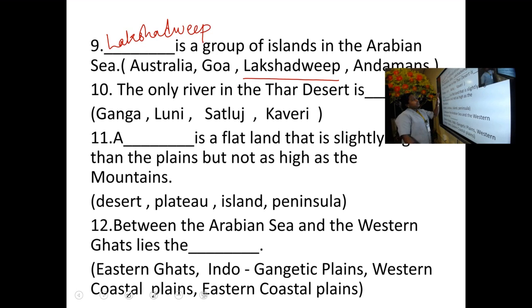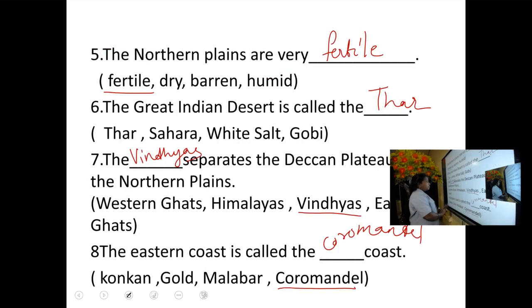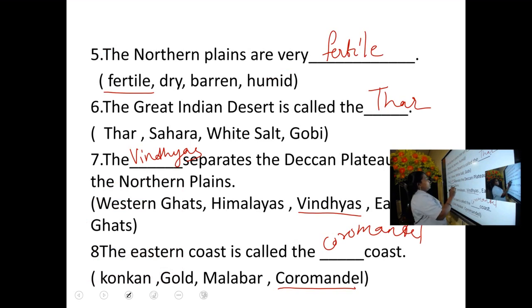Now, the 10th one, the only river in the Thar Desert is dash. Ganga, Luni, Satluj, Kaveri. You know that the answer is Luni. Luni is the only river that flows through the desert area.